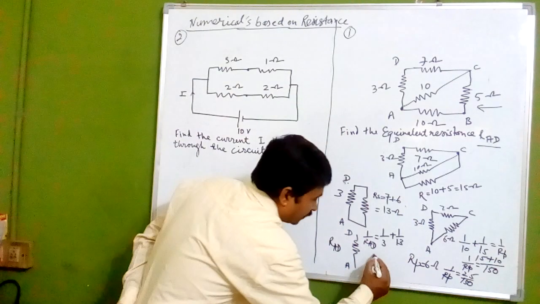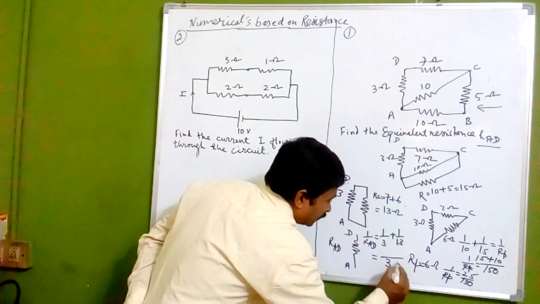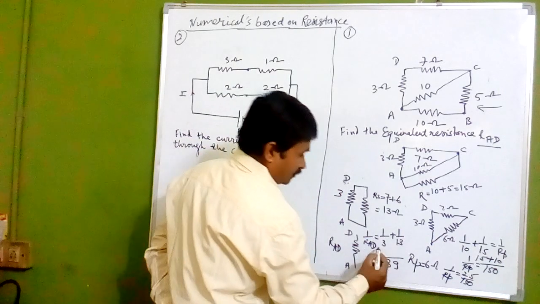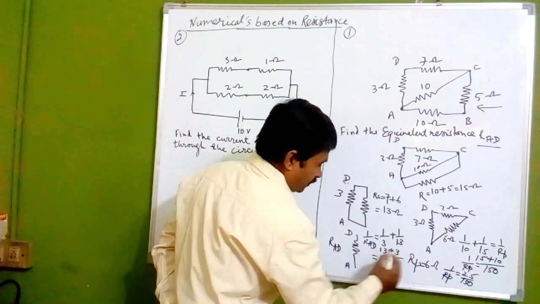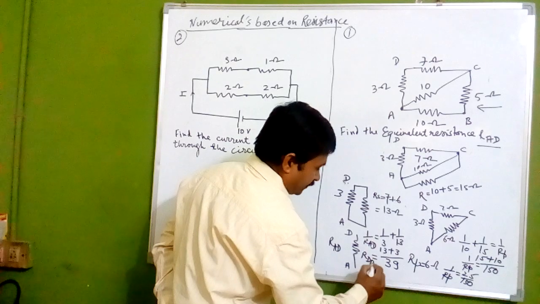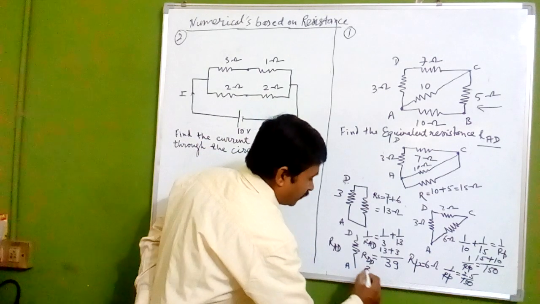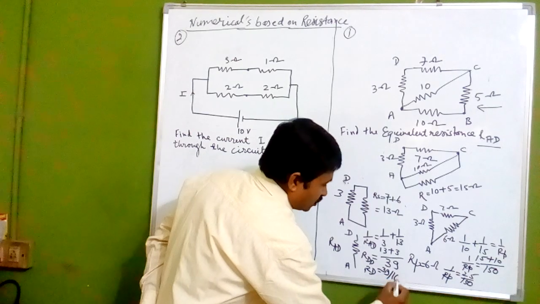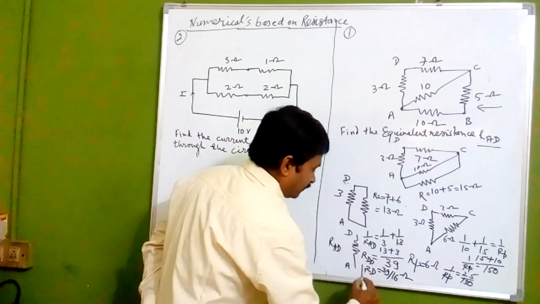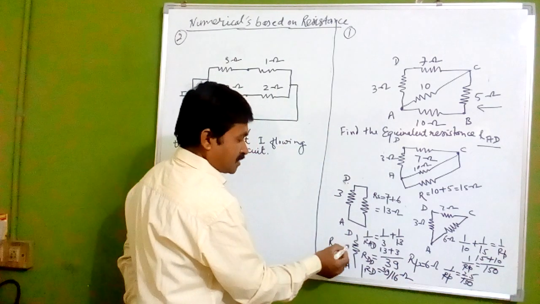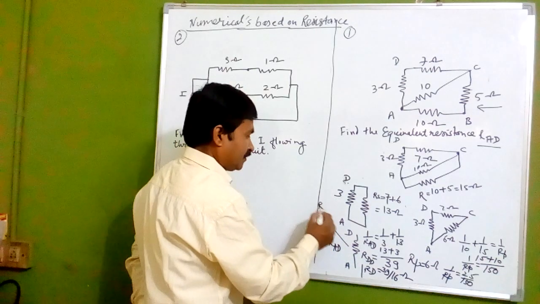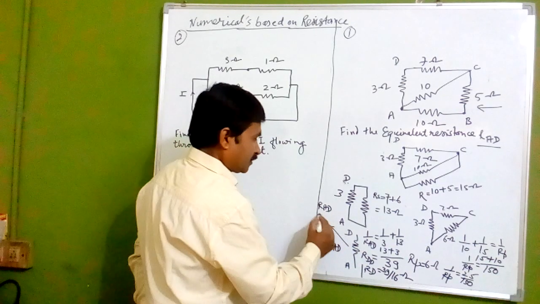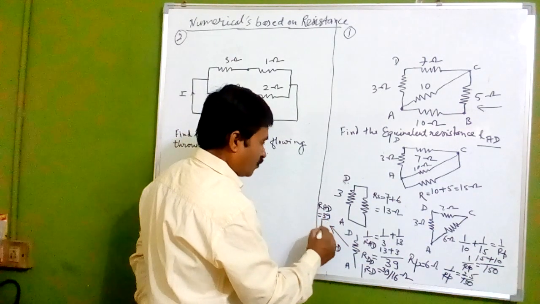Now here we are having 39, 13 plus 3 upon RAD. So RAD is going to be 39 upon 16 ohm. So finally we have come to this. This RAD is having a value of 39 upon 16 ohm.